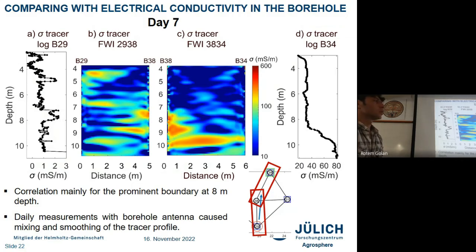And this is where we expect most of our mass. But we couldn't get very good fine structures in the borehole because whilst we moved the radar, it mixed the water. So this is a rough way to validate our results from the full waveform inversion.